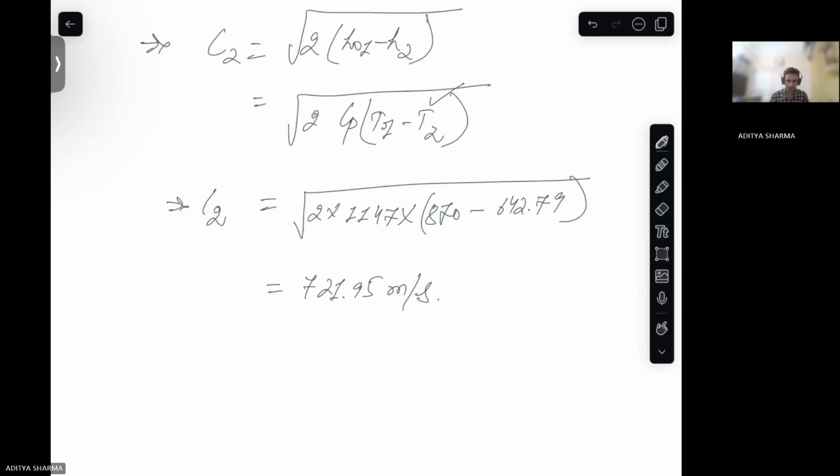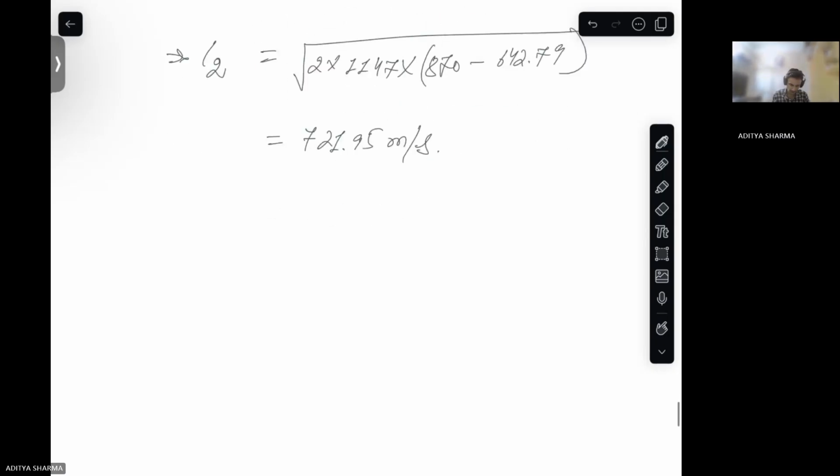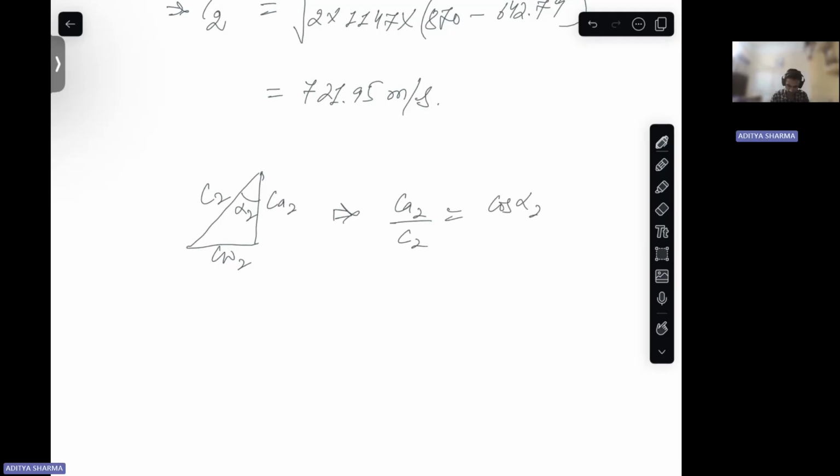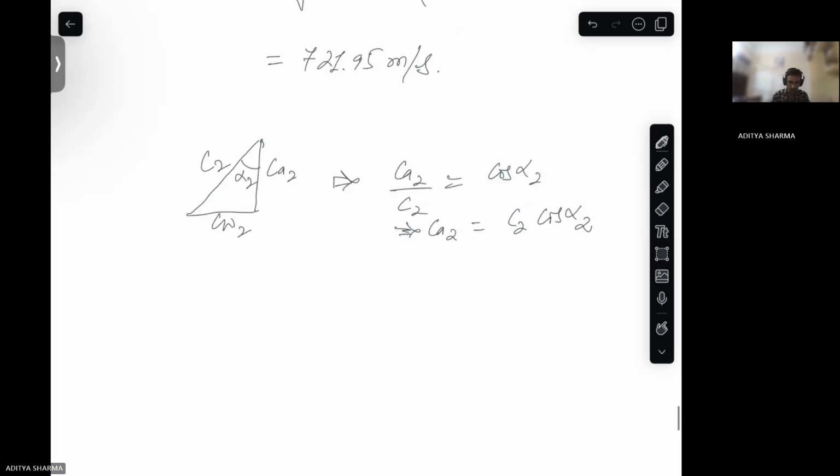Then if you see, let's say this is C2, and this is alpha 2. This is axial, this is tangential components. So from here, CA2 by C2 is cos alpha 2, which implies CA2 is equal to C2 cos alpha 2.